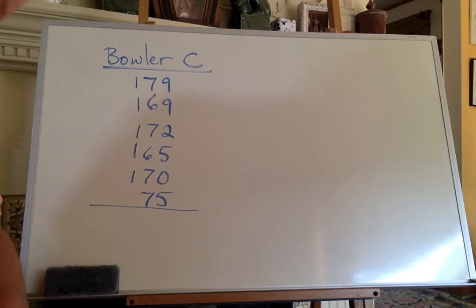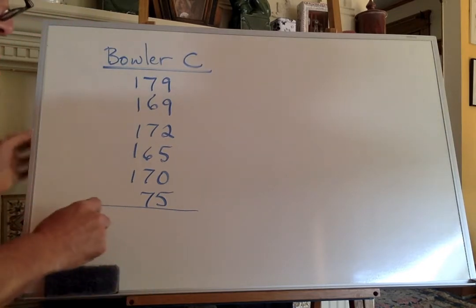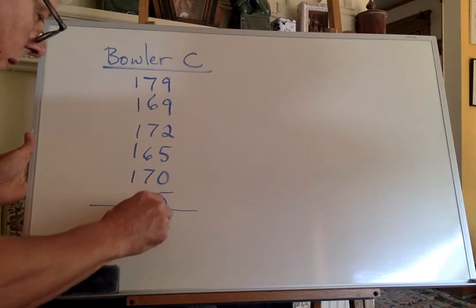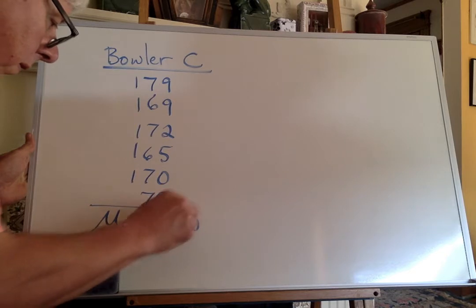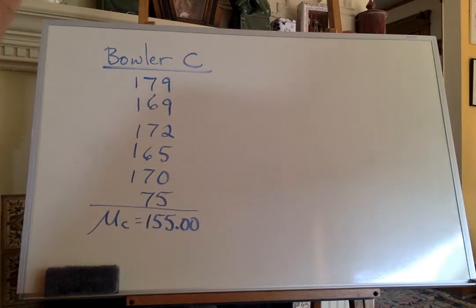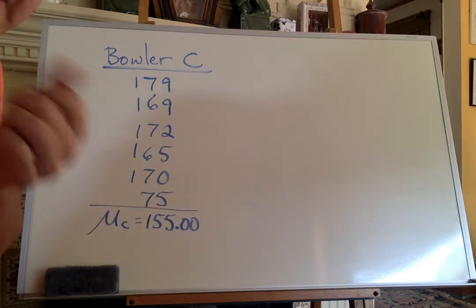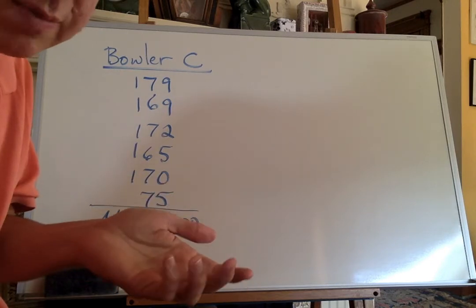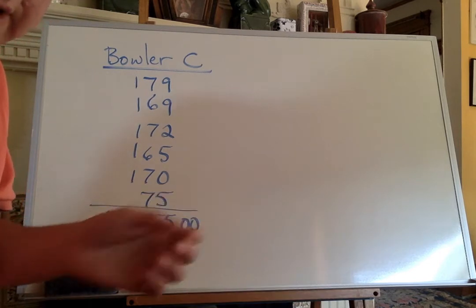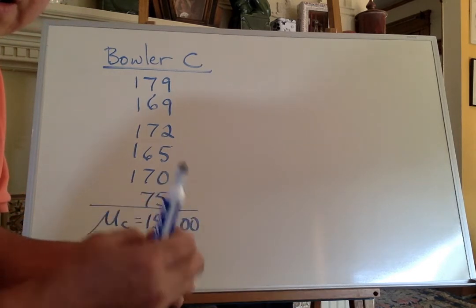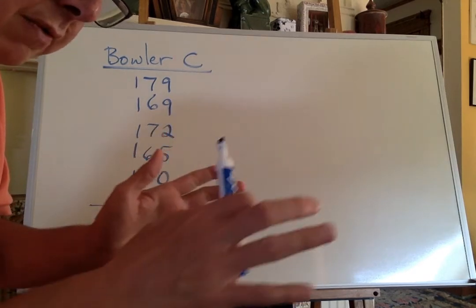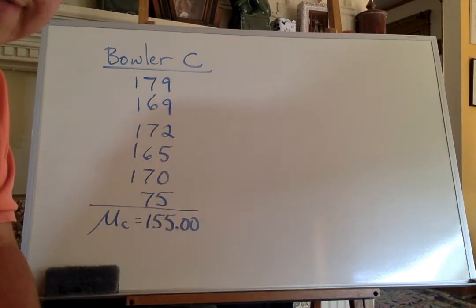Let's take a look at bowler C's statistics. Okay. Well, lo and behold, when you do this, we find that bowler C actually has the same average as bowler A and B. Of course, I created these bowlers to have the same average, trying to emphasize here the role of variability in our assessment of each bowler and maybe in our decision making.